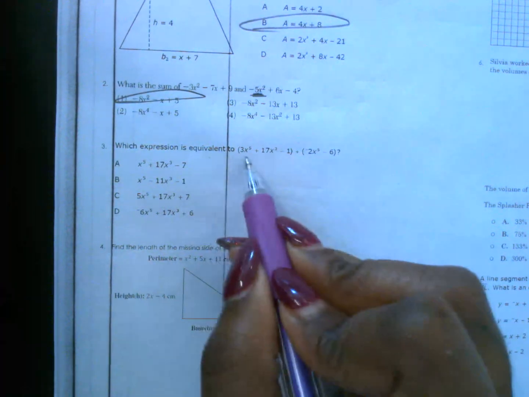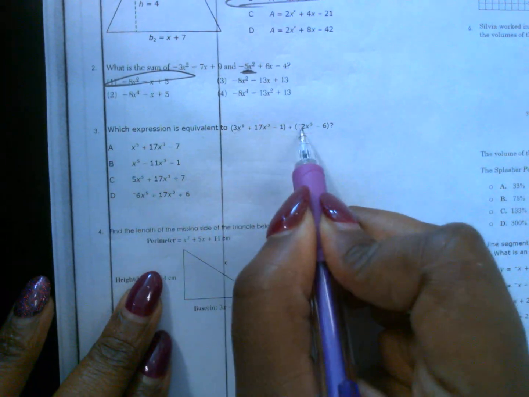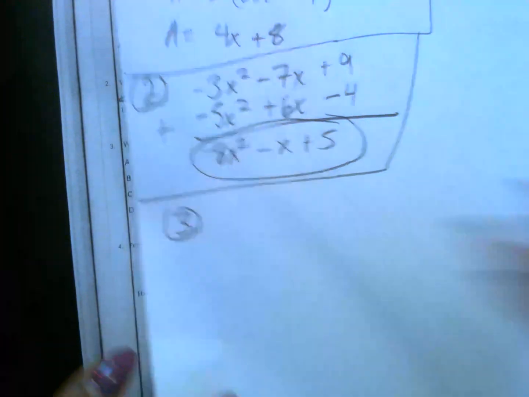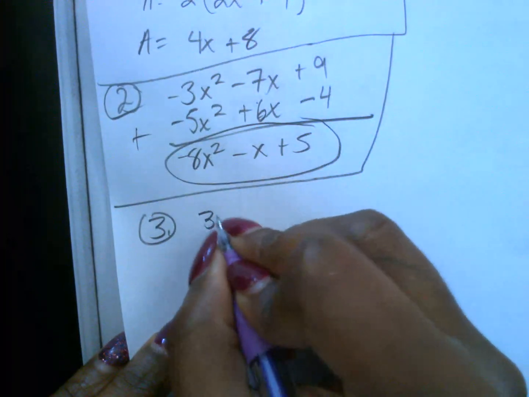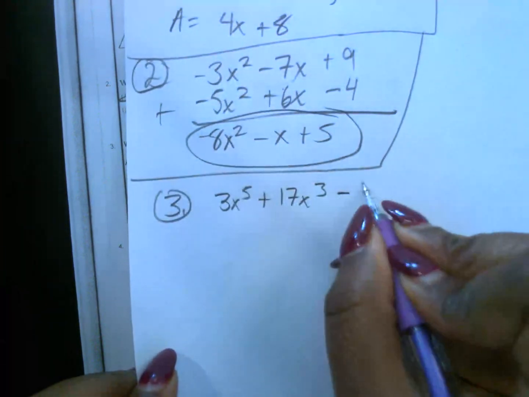Okay, same thing. Which expression is equivalent to this? So you're adding these together again. I'm going to put these under each other. These are like terms here. I'm going to rewrite because that's so small. So we got number 3, and we got 3x to the 5th, then plus 17x to the 3rd, then minus 1.